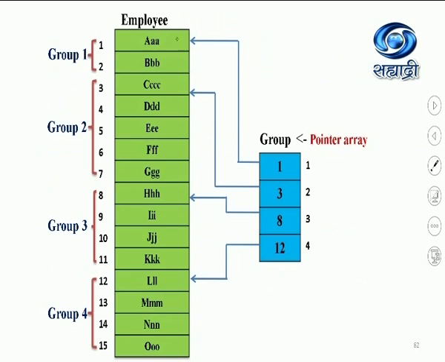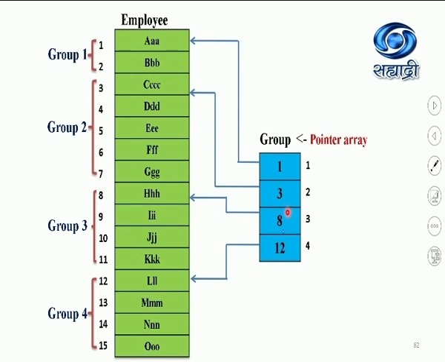In this diagram you can see all 15 elements are stored in the first array, that is the employee array, and the second one is the group array. So in the group array, the first element is the address of the first element of the first group. Then the second element of the group array is the address of the first element of group 2.